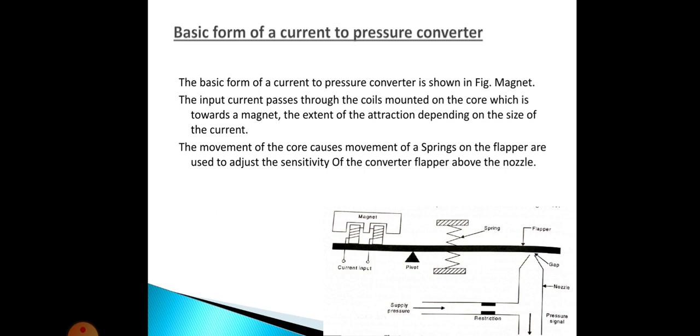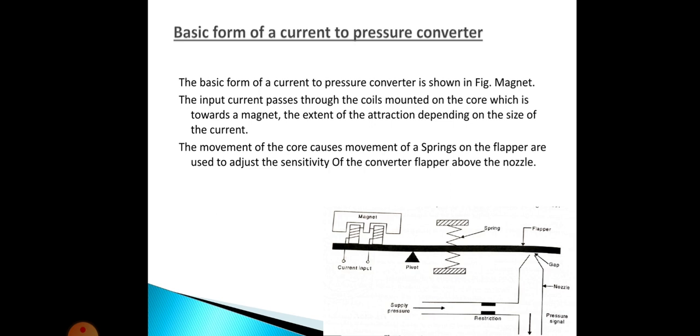The extent of the attraction depends on the size of the current. How much it attracts depends on how much current is applied, because the coil produces a magnetic field depending on the current given to it. The movement of the core causes the movement of the flapper above the nozzle.